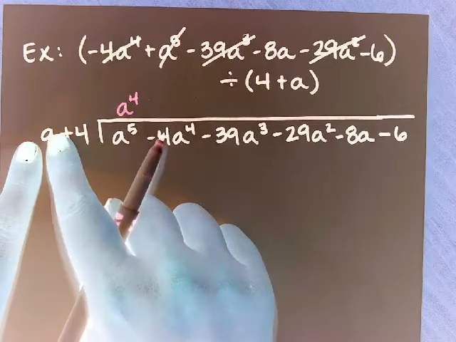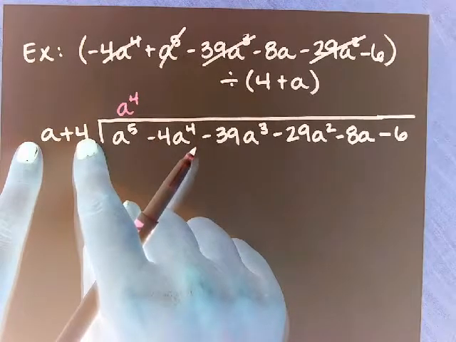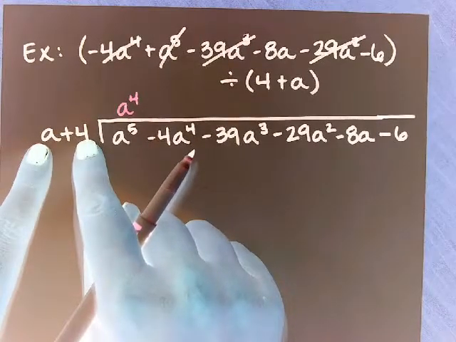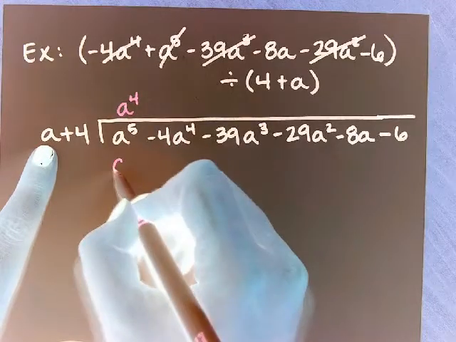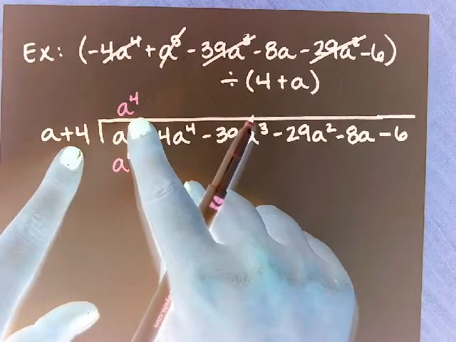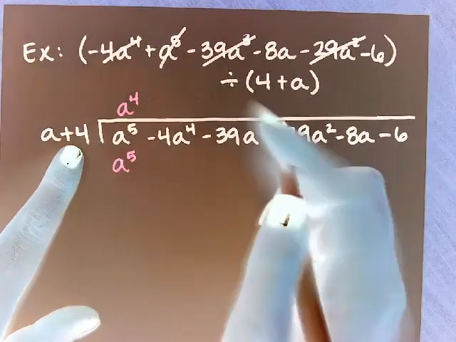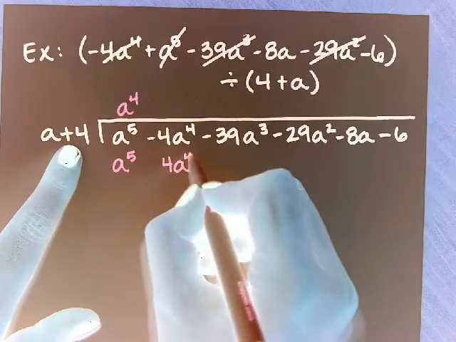Yeah, I multiply it by each of the pieces in the front. So a to the 4th times a to the 5th. A to the 4th times 4 is 4a to the 4th.